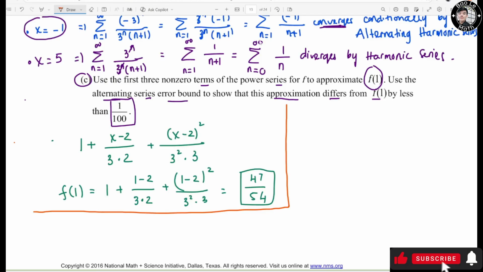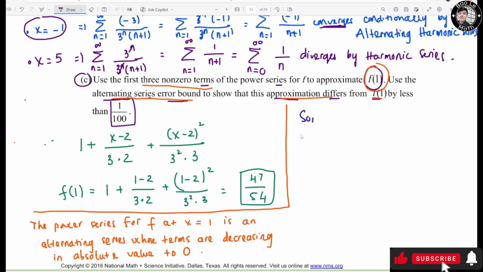Next, we need to use the alternating series error bound to show that this approximation differs from f of 1 by less than 1 over 100. You know that the power series for the function f evaluated at s equals 1 is an alternating series whose terms decrease in absolute value to 0. The alternating series error bound is the absolute value of the 4th term, because this is the 3 non-zero terms.